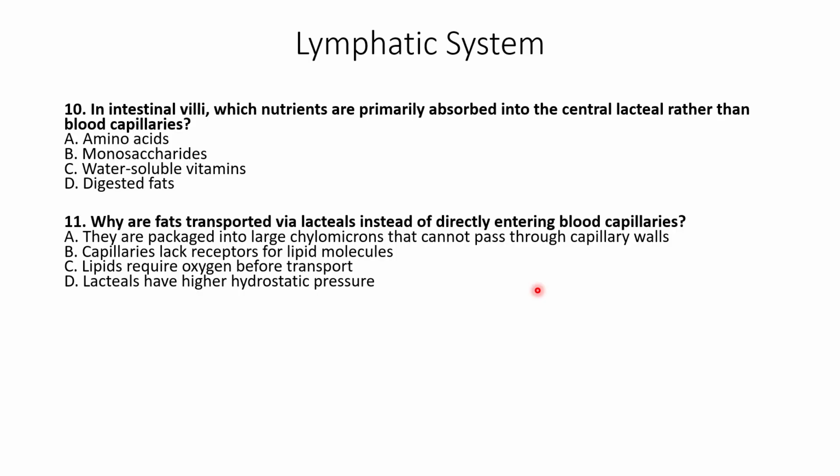So these fats or lipids are packaged into these structures called chylomicrons, which can't move through the blood capillary walls directly, so they actually need to go via the lacteals. So fat absorption is one of the really major nutrient pathways, right?